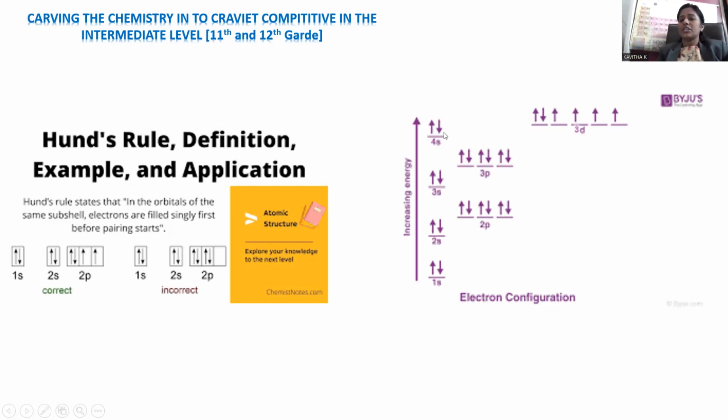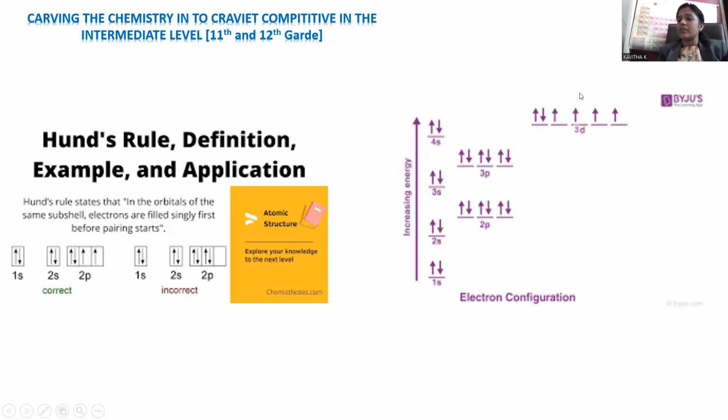Now the valence shell configuration will be 3d, where there are six electrons. They can't all be taken in the up and downward direction. Rather, we have to fill in this manner: 1, 2, 3, 4, 5.